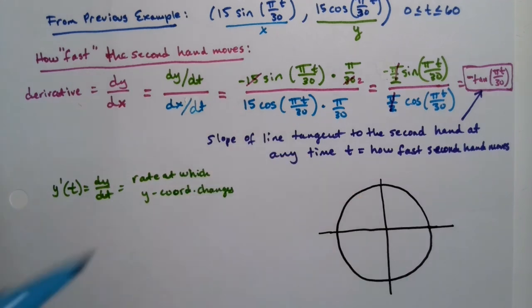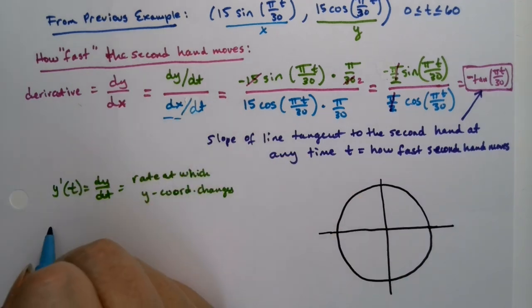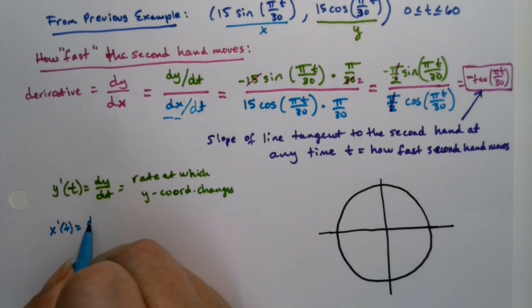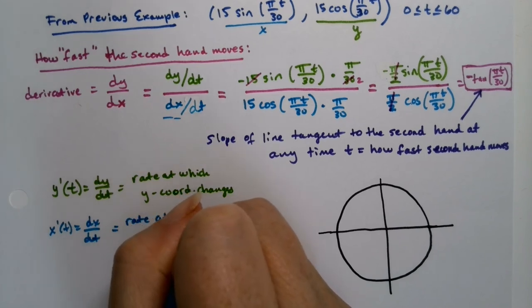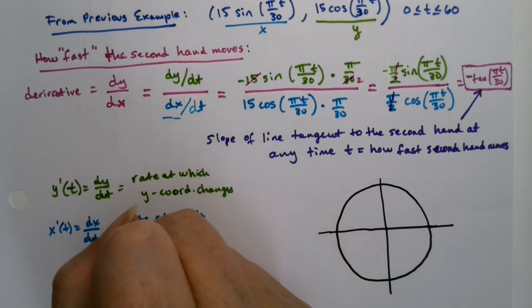And then dx dt, which is x prime of t, is the rate at which the x coordinate changes. I'm going somewhere with this.